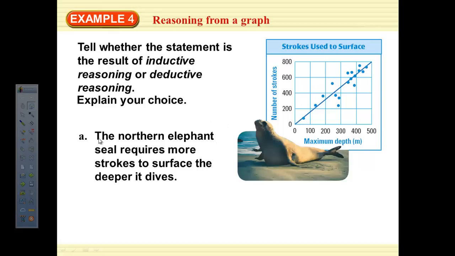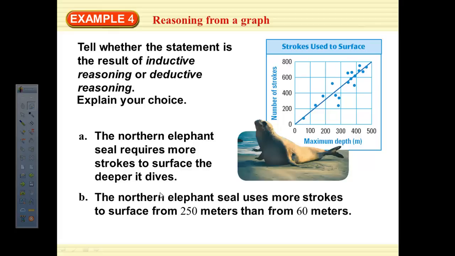So the northern elephant seal requires more strokes to surface the deeper it dives, which should make sense because they have to swim further. And this would be more of an inductive reasoning because we're not looking at specific data, we're looking at the pattern and the way the data is going. So this would be inductive reasoning, because again, we're looking at a pattern.